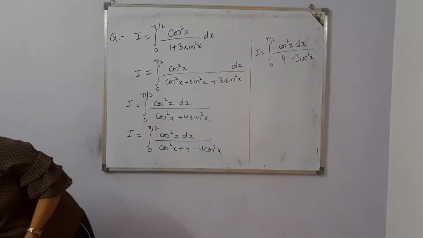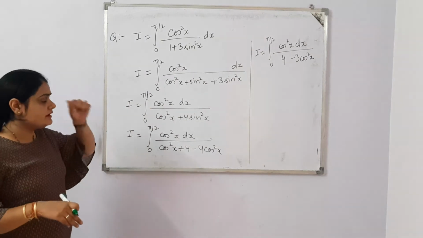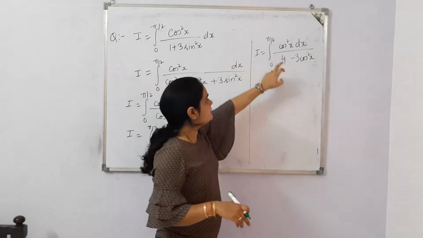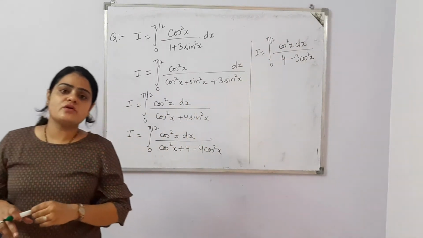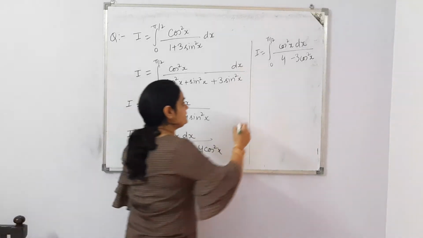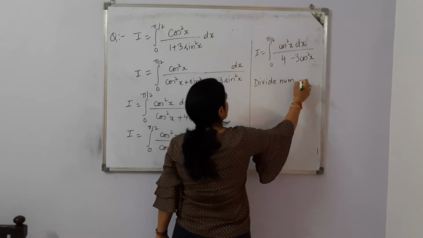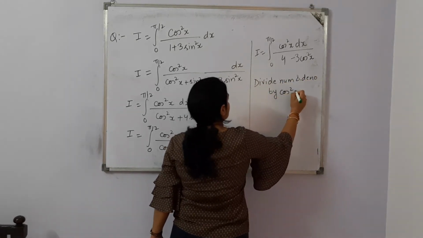Now, what we'll do, first of all, we can do two things here. We can apply the formula cos square x is 1 plus cos 2x upon 2, or another thing, we can divide numerator and denominator by cos square x.